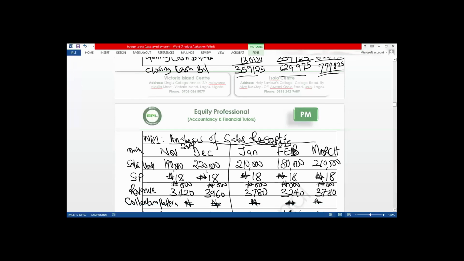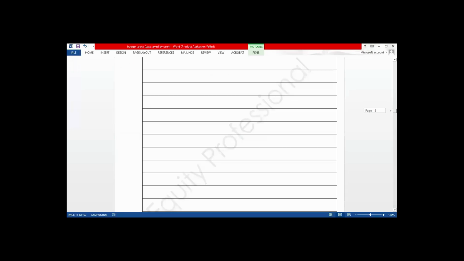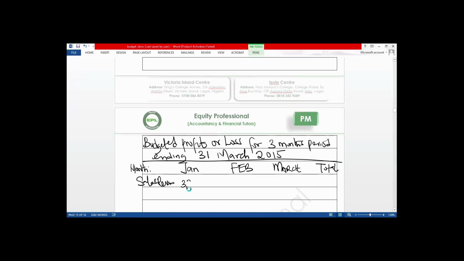March, 3,780,000. Go to your profit account. Pick your revenue: 3,780,000, 3,240,000, 3,780,000. Please, what is the total revenue at the end of March?